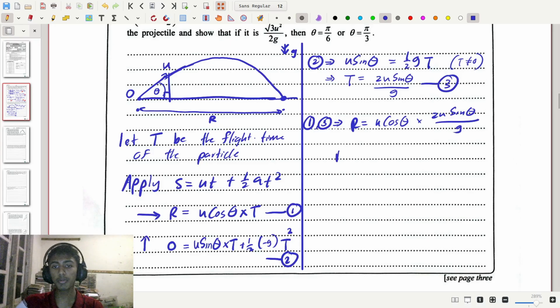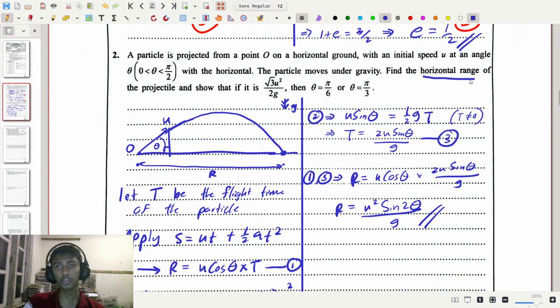Now here we can simplify some things. We have r equals u times u, which is going to be u squared. Here we also have cos theta times sin theta times 2, and recall that 2 sin theta cos theta is equal to sin 2 theta, so we have sin 2 theta divided by g. So there we go, that is our expression for the value r, the horizontal range.